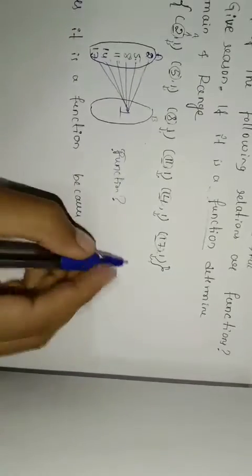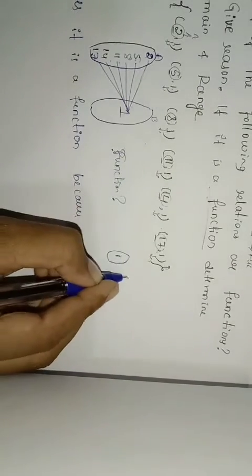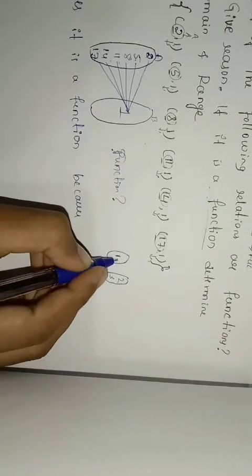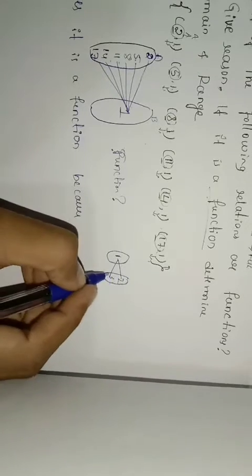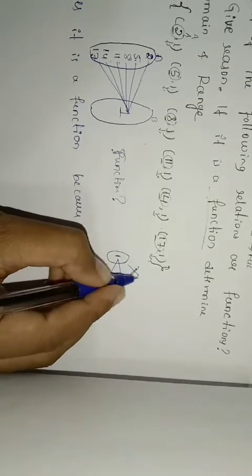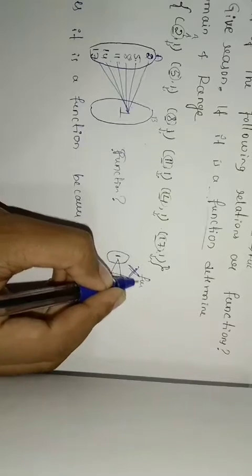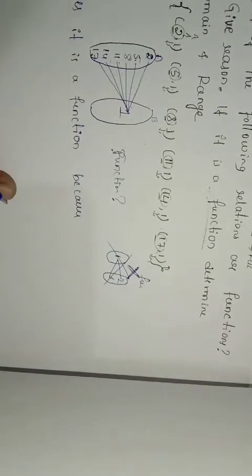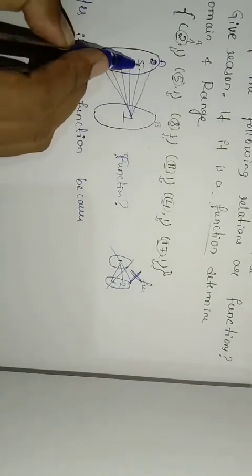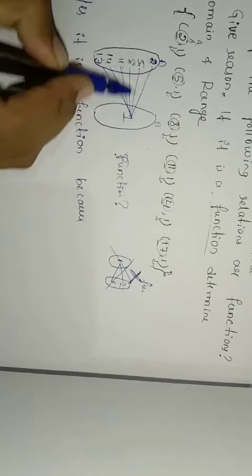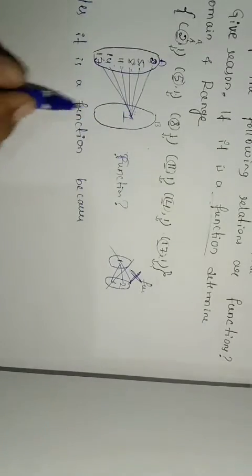Suppose here we have 1 and here we have 2 and 3. Suppose 1 maps to 3 and 1 maps to 2. Then this is not a function. But this is a function, because every element has one and only one image in set B. So therefore it is a function.